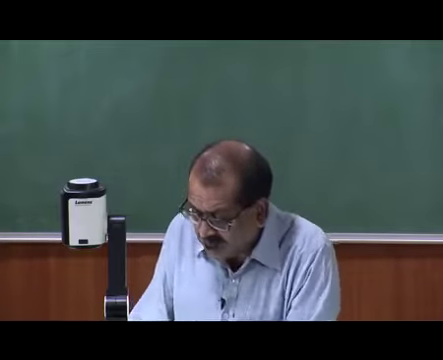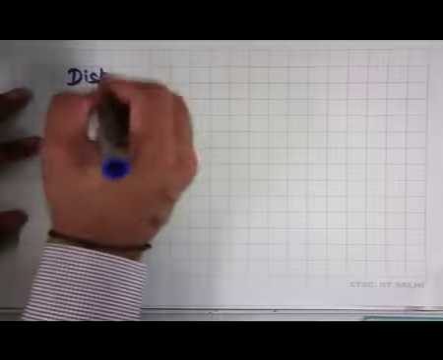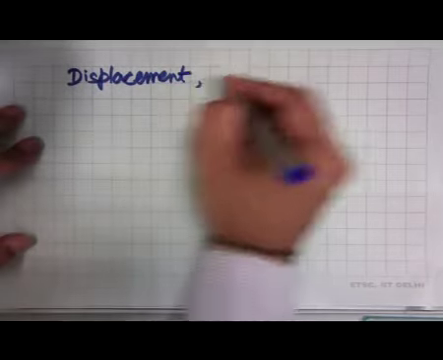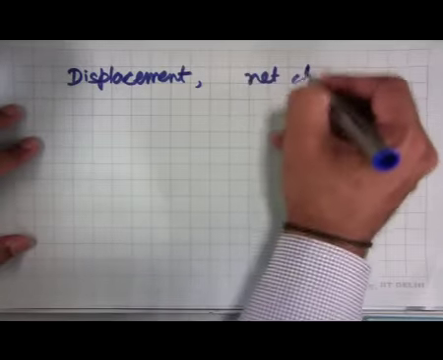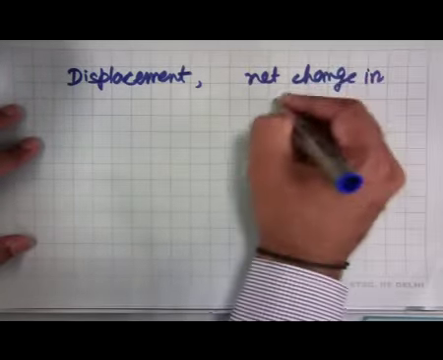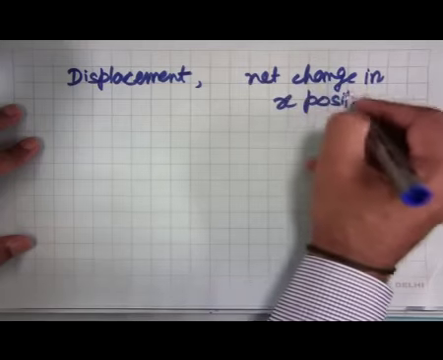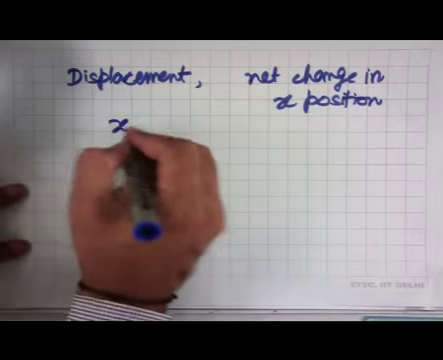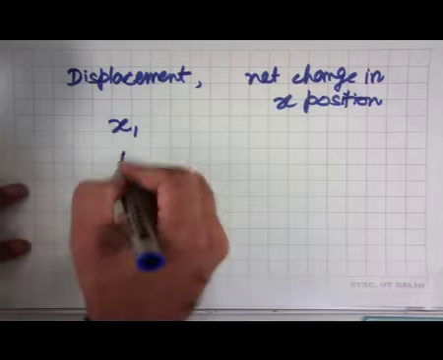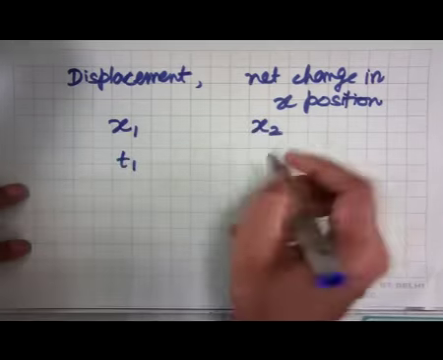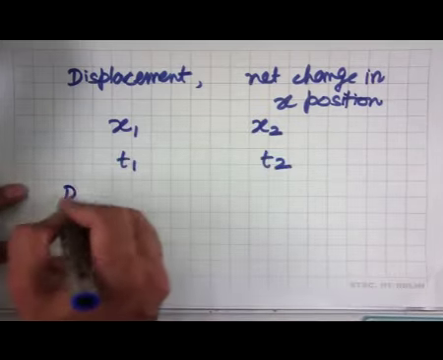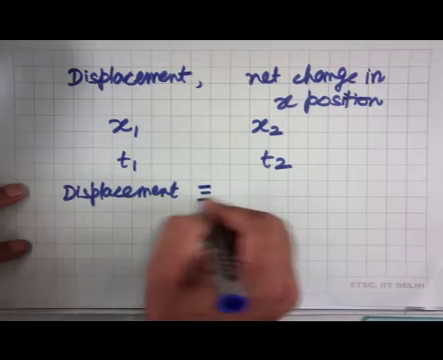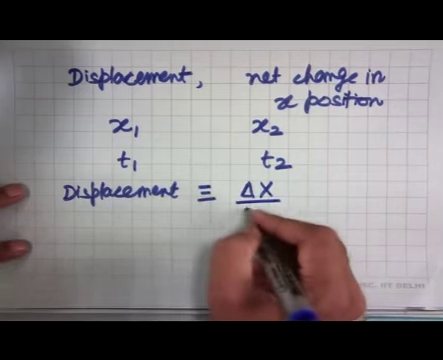Now, path length is opposed to a quantity called displacement, which is the net change in x position. Suppose the particle is at coordinate x1 at time t1 and is at x2 at time t2, then displacement is defined as delta x by delta t.